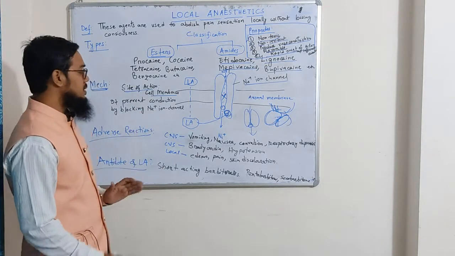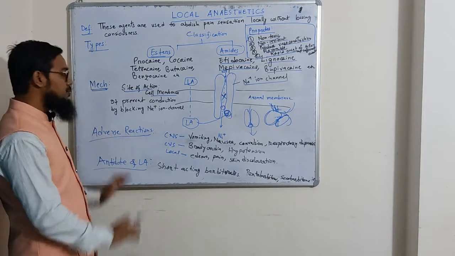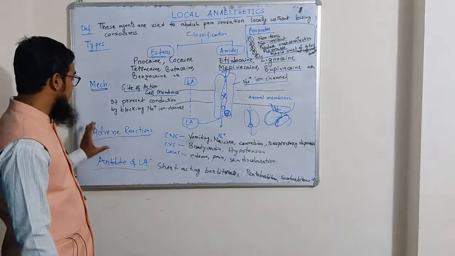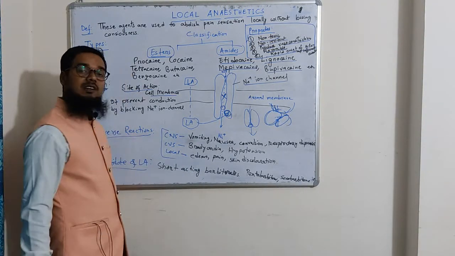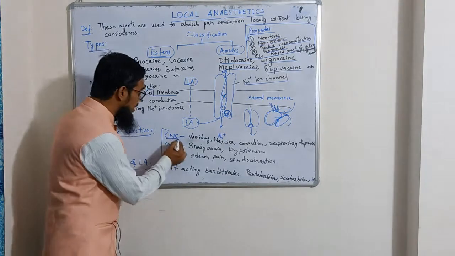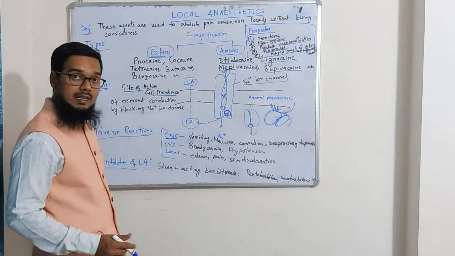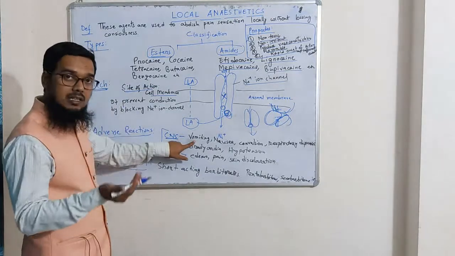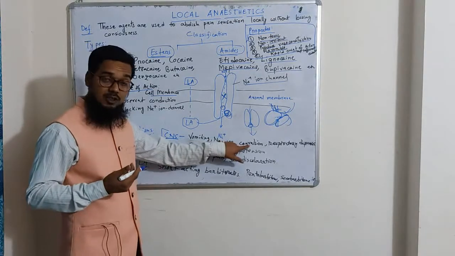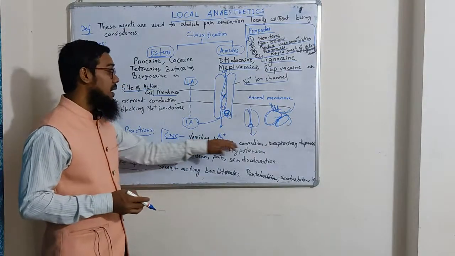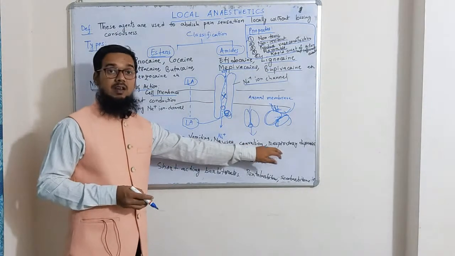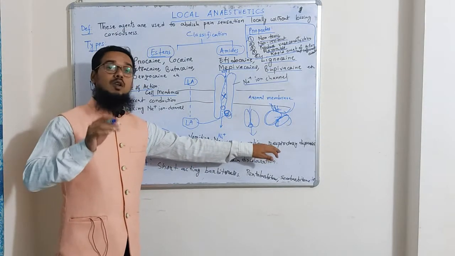There are some adverse reactions of local anesthetics. The most commonly seen adverse reactions are central nervous system related, like vomiting, nausea, convulsion and respiratory depression. These side effects are observed if the local anesthetic enters systemically.